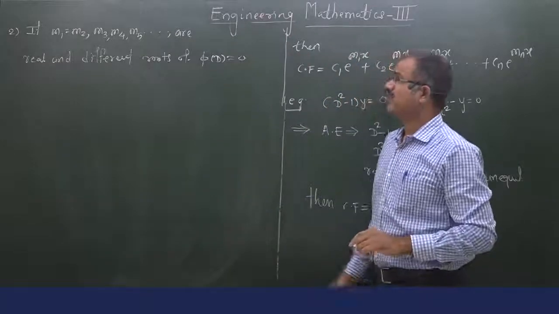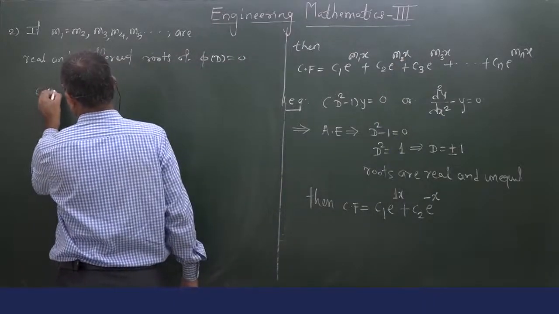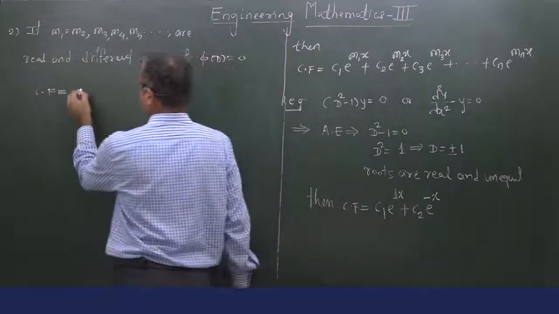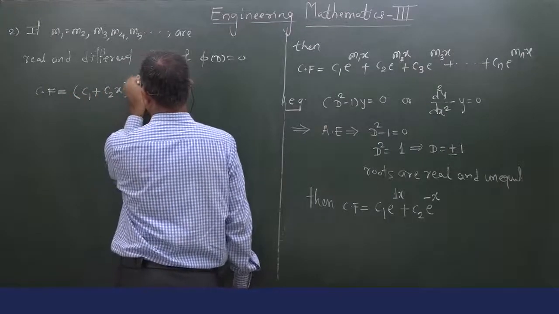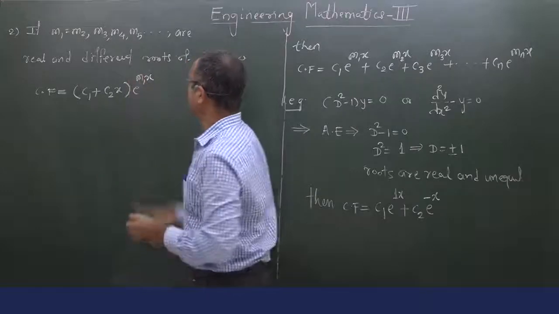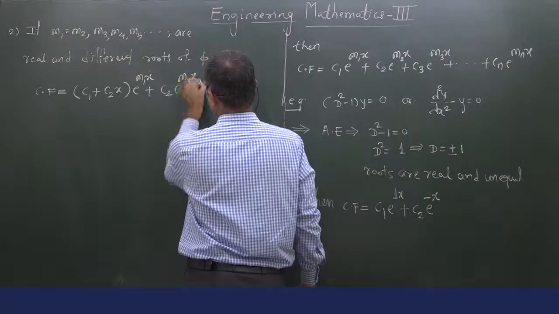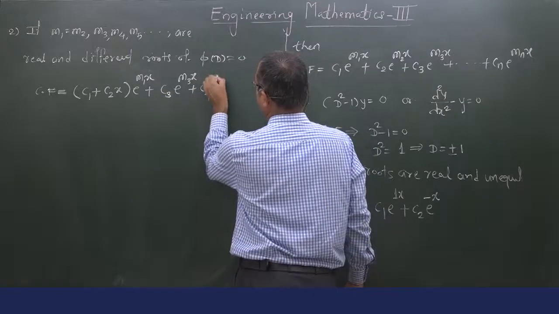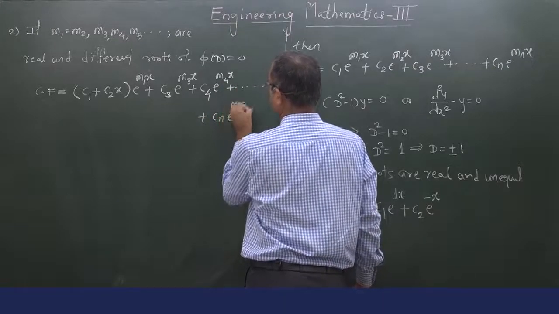If suppose two roots are equal and others are different, then the complementary function of the differential equation is equal to (c1 plus c2x) for the equal roots, that is, (c1 plus c2x) e to the power m1x, and for the different roots, c3 e to the power m3x plus c4 e to the power m4x plus so on. The last is cn e to the power mnx.